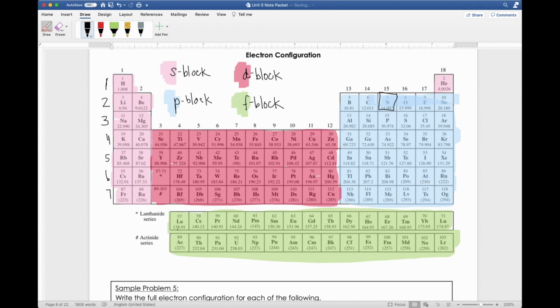So let's figure out the electron configuration for nitrogen. Like I said, you can do this using the Aufbau principle, but I don't like to have to memorize something else. I like to just look at a periodic table and figure it out this way. So we're in the s block first, in the first energy level. So we're going to start off with 1.